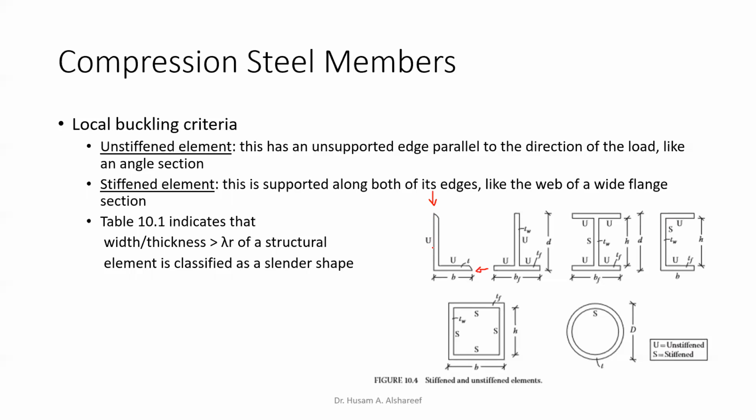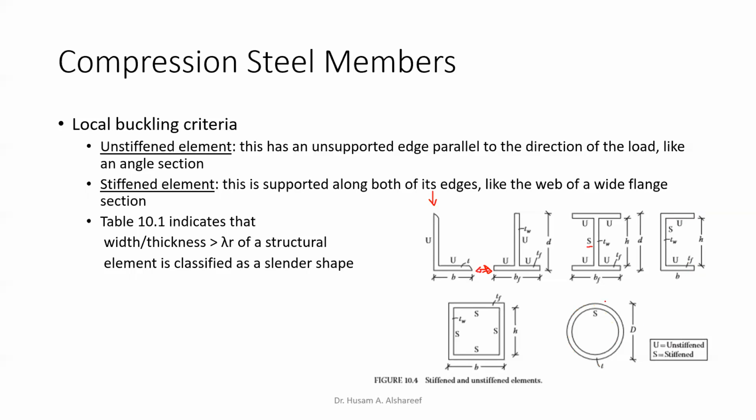That's why we call it unstiffened. The same case here, if the load is applied in this direction, then this side and this edge are all unstiffened. The same goes here and here, but then we look at this web here, it's stiffened. Why? Because you see the two edges, or the flanges, on the two sides. So this element here is stiffened, and so is this one here, but this edge and this edge are unstiffened.